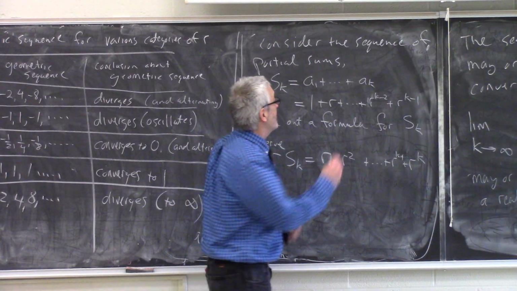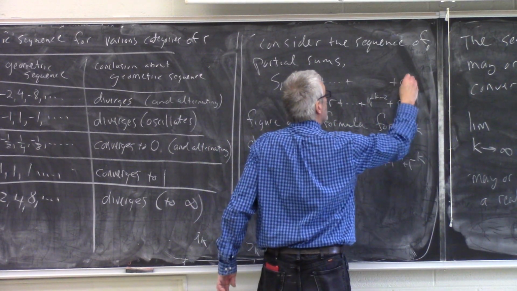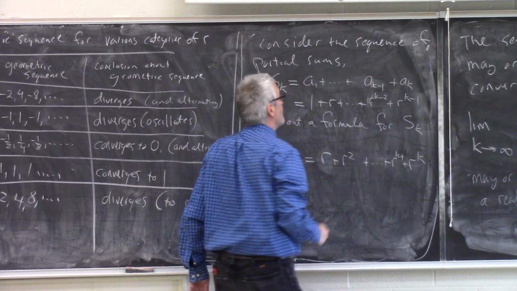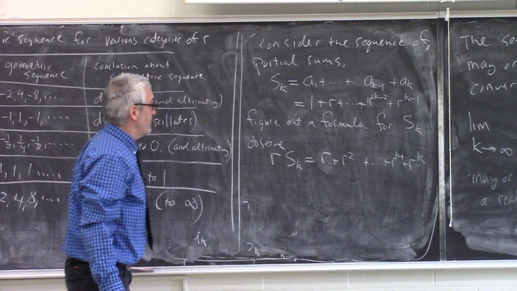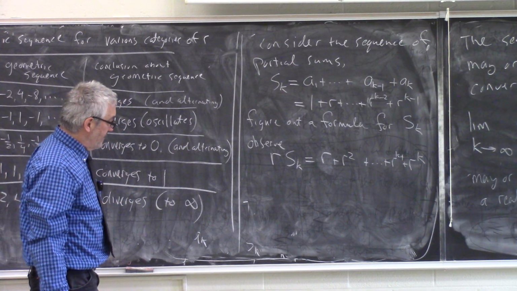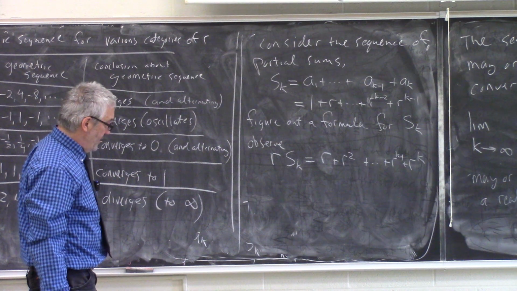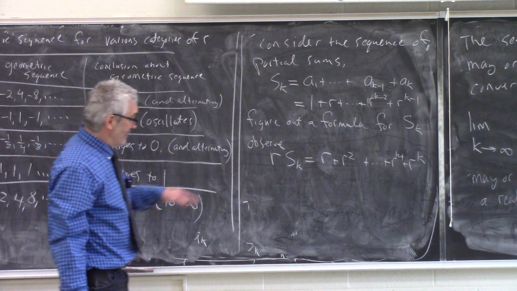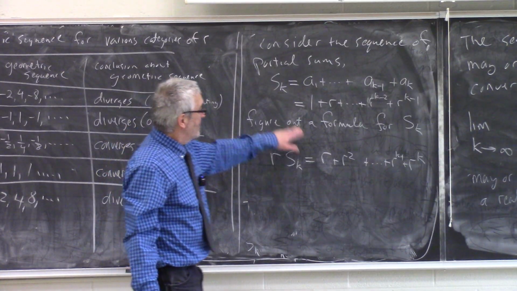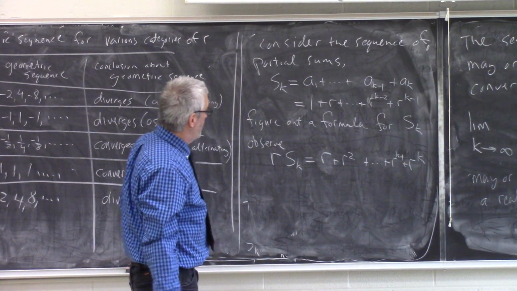That's the a_k term. Sorry to change this. So that's how the partial sum S_k looks. And if I multiply everything in that list by r, I get this sum.